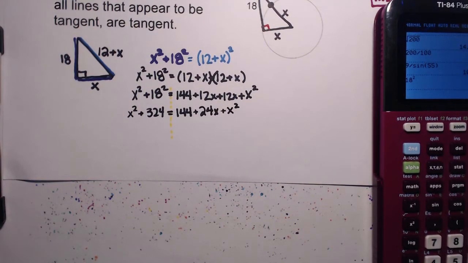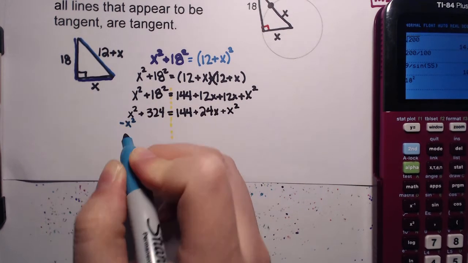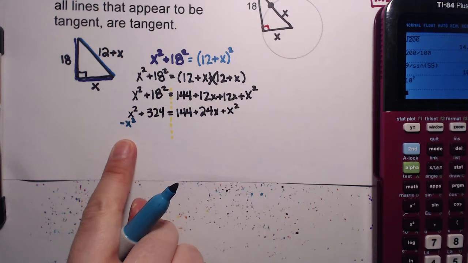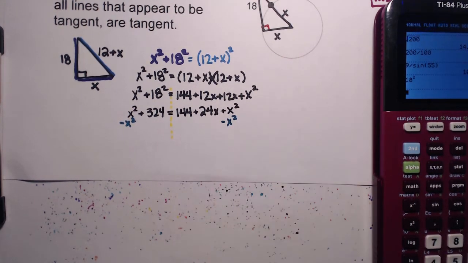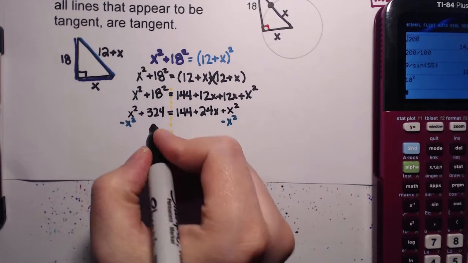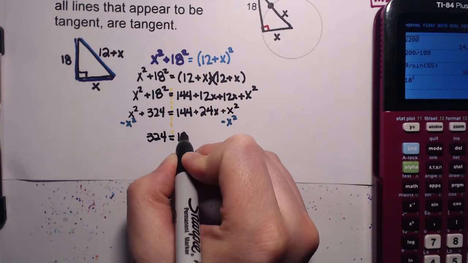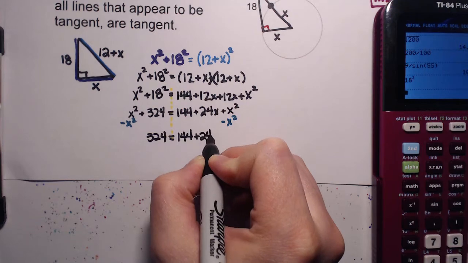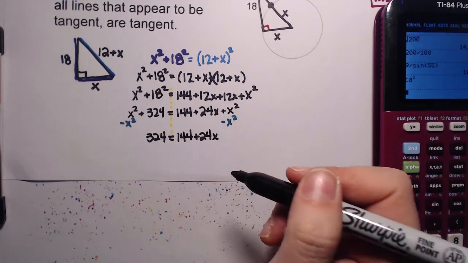So I'm going to try to get my x squareds on the same side. So I'm going to subtract x squared because I don't want it on this side anymore. Whatever I do to one side, I have to do to the other. And I'm going to line up my x squareds. So this is going to be 0, which is what I wanted. 324 equals 144 plus 24x. And x squared minus x squared gives me 0, so that's convenient.